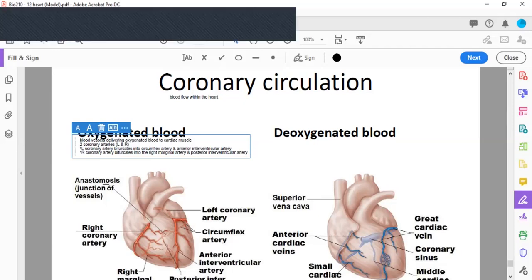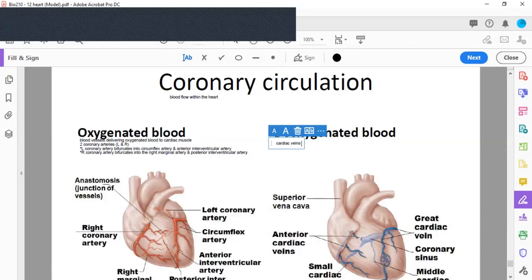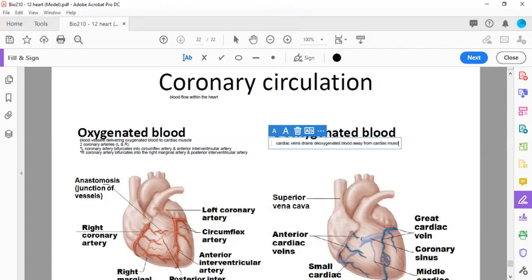All right, on the image on the right side, we have what's known as the veins. We have the cardiac veins. They drain deoxygenated blood away from cardiac muscles.